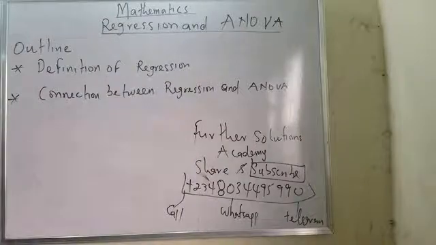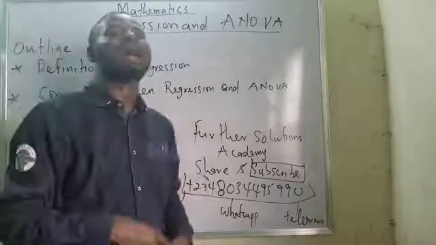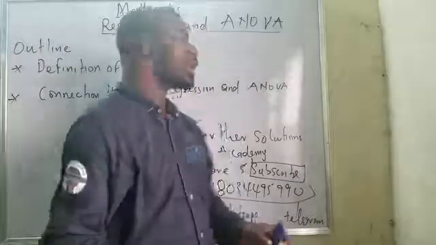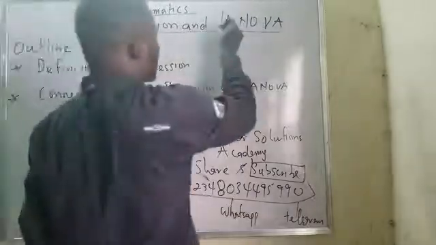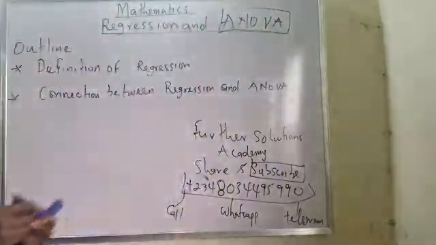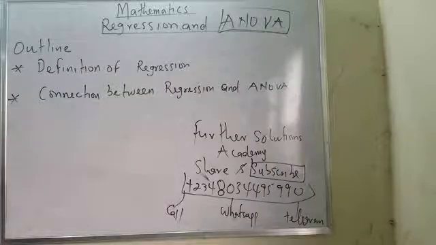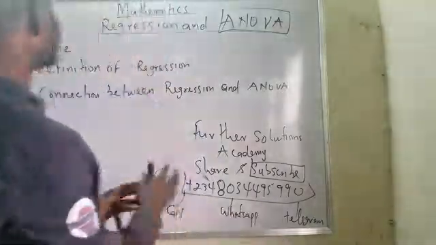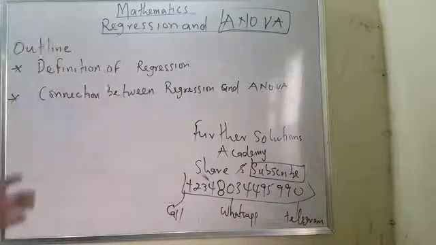On this video, I'll be walking you through regression and ANOVA. We have an ANOVA table video already on this channel, which explains the ANOVA table comprehensively. But this time around, I'm talking about regression and ANOVA.